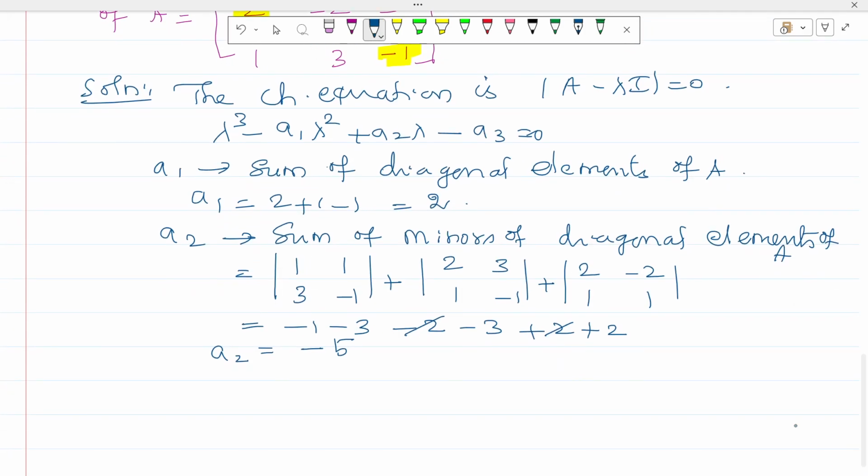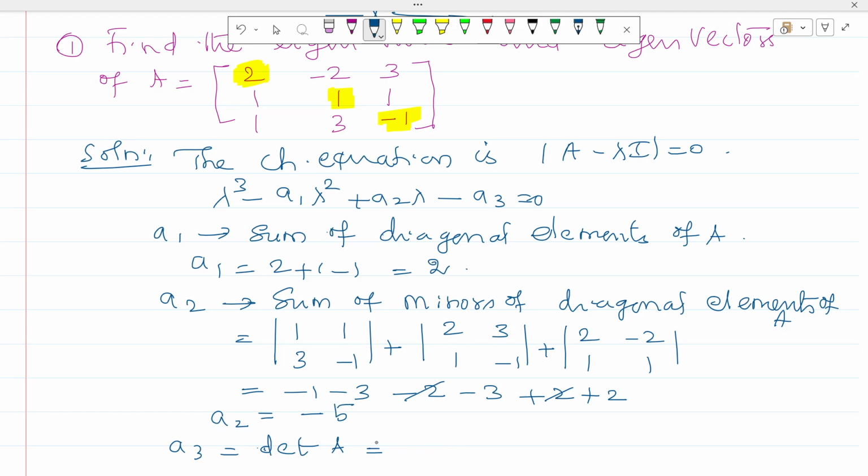Then you can find that a3 is the determinant of A. First we can write 2 into (1 × -1 - 3), plus 2 into (-1 - 1), plus 3 into (3 - 1).